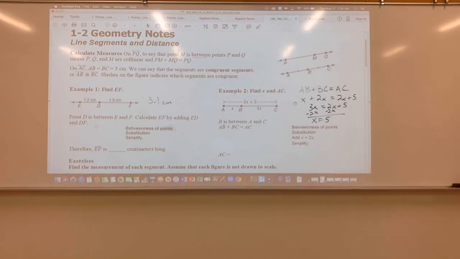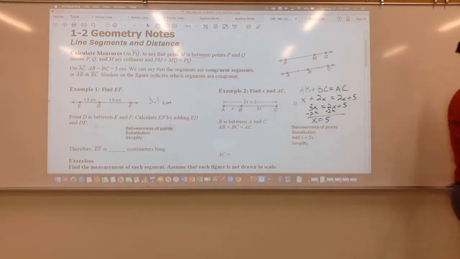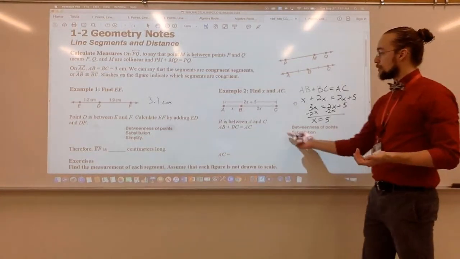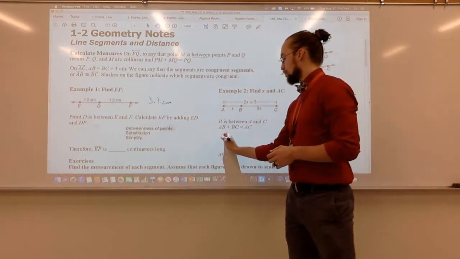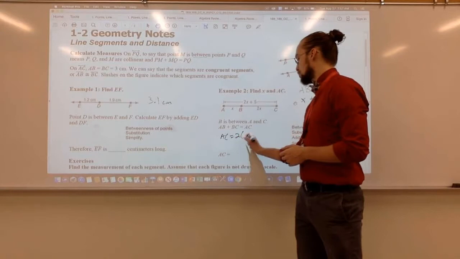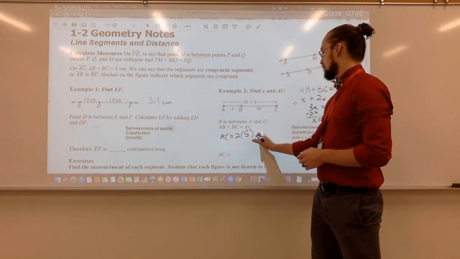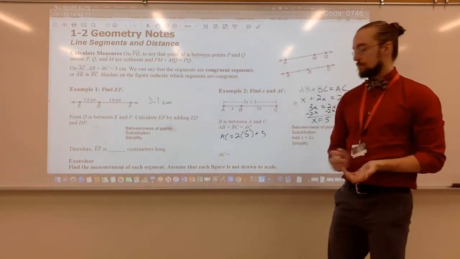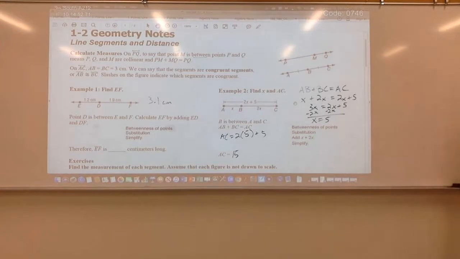Alright, the question asks for X and AC, so make sure that you answer the entire question. So we have to plug X back into our expression for AC. So AC is equal to 2 times 5 plus 5. So AC is equal to 15.